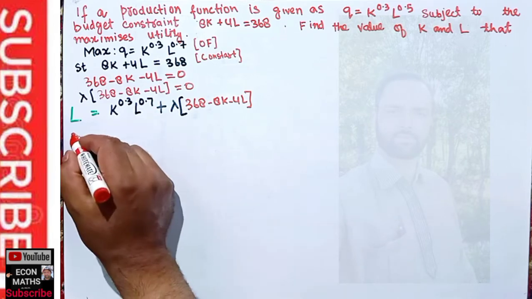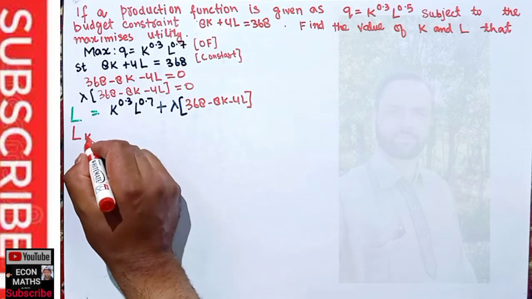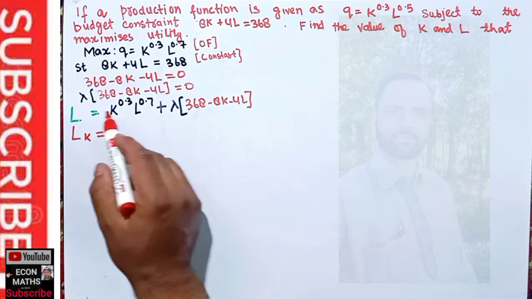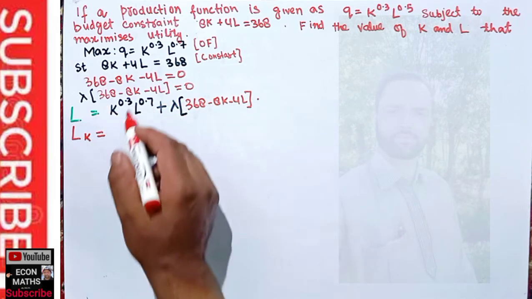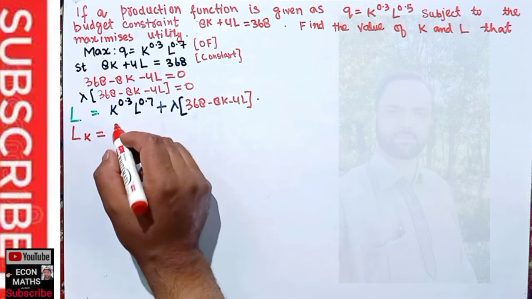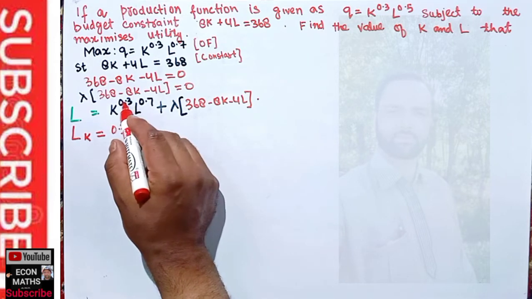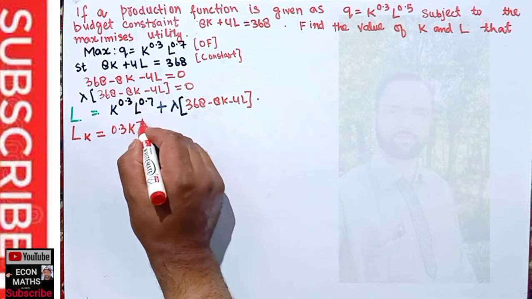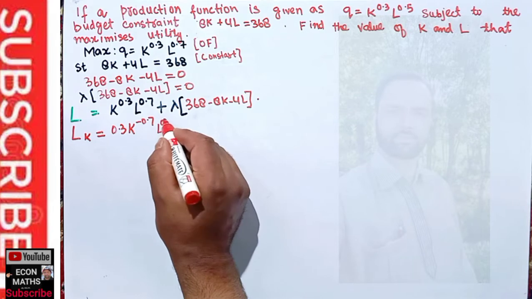That means partially differentiating this Lagrange's function with respect to capital first. So we have to differentiate this very function with respect to k. So 0.3 will become the coefficient, 0.3 k to the power 0.3 minus 1, which is minus 0.7, times l to the power 0.7.